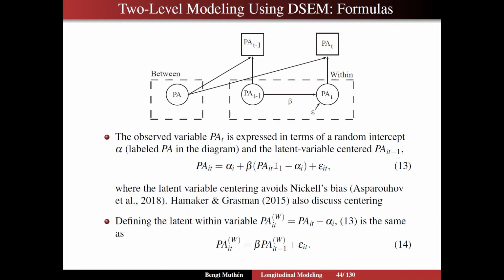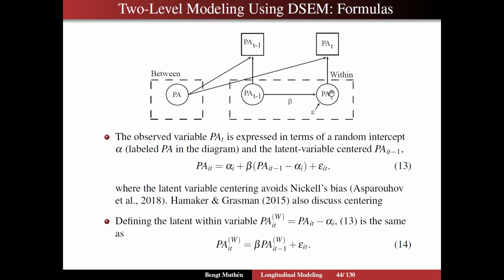And just like we did in previous slides, we can move this alpha over to the left-hand side here and define a latent variable which is the difference of the observed minus the latent between, and we call that within. So then we have the within part of the variable is beta times the within part of the variable at the previous time point plus a residual, which is exactly what we have up here.